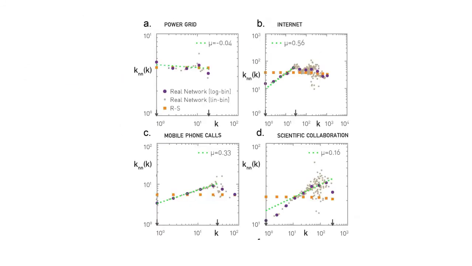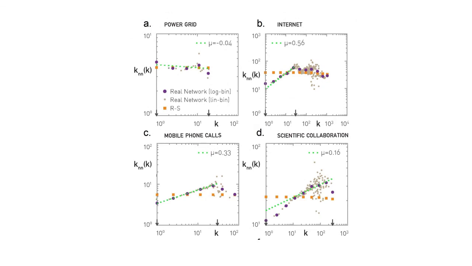To get an idea for the value of the correlation exponent in real networks, let's look at the degree correlation graphs for different real-world networks. Up on the top we have a power grid, which a couple videos ago I explained as a great example of a neutral network, because it's dependent more on geographic relationships than on structural relationships.